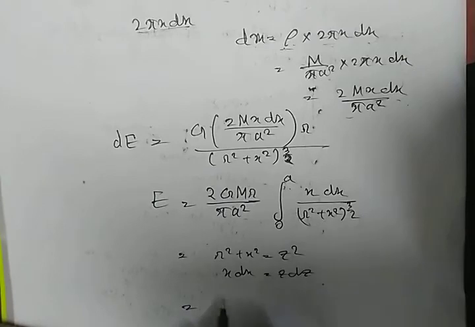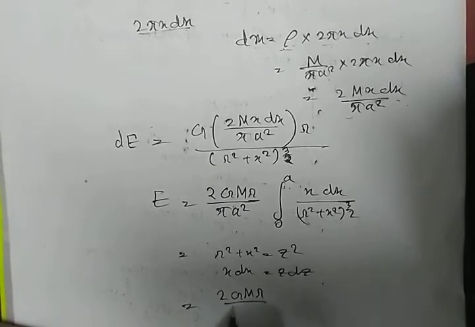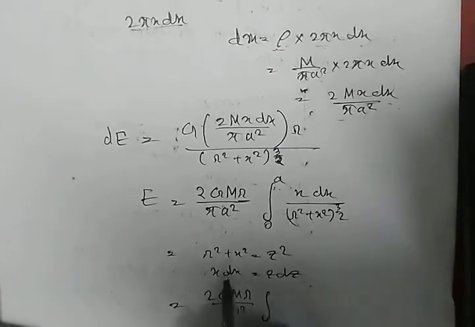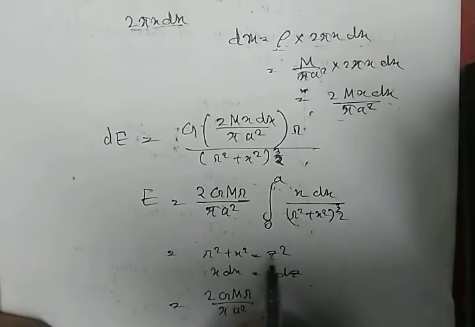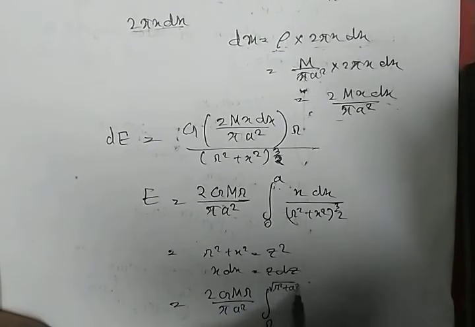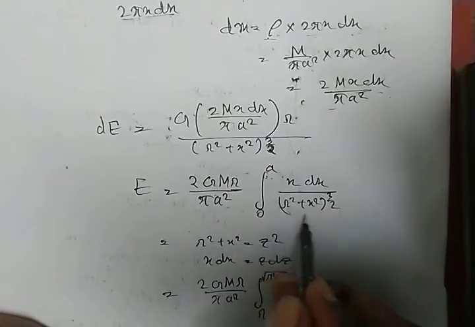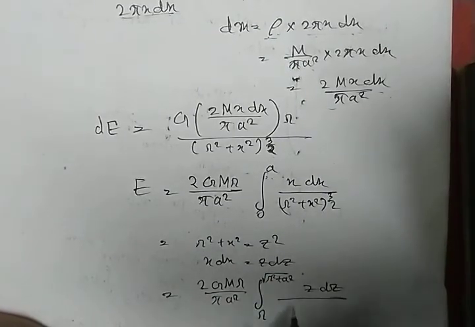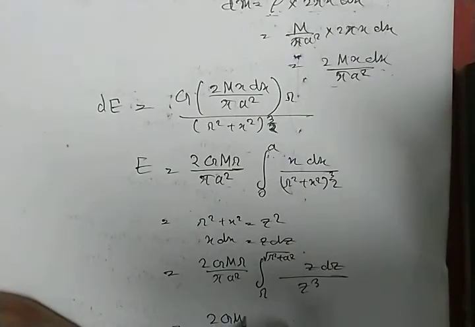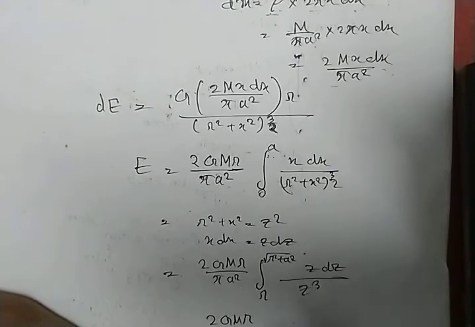So we have 2 G M r by pi a square, where z goes from r to root of r square plus a square, x dx is z dz, and r square plus x square is z square, so the denominator becomes z cube. So 2 G M r by pi a square times the integral from r to root of r square plus a square of 1 by z square dz.